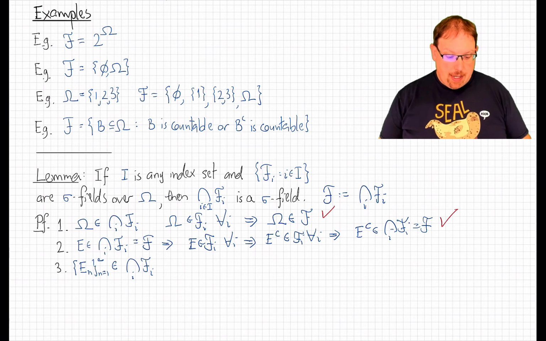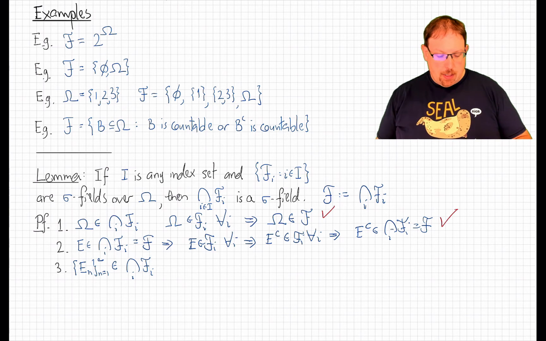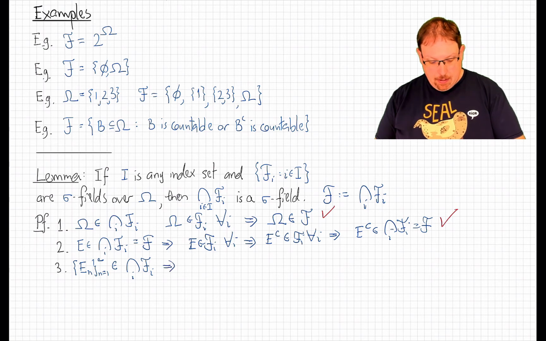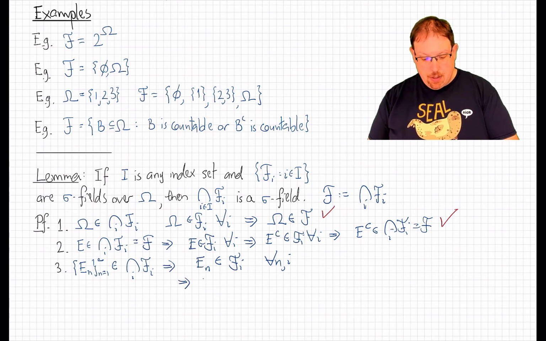Finally, we need to check that F is closed under countable unions. Let's start with a countable collection of elements of F. What does it mean that this countable collection is in F? It means that each of the En's is in each and every Fi. Because Fi is a sigma field, it follows that the union of the countable collection of En's is in Fi.